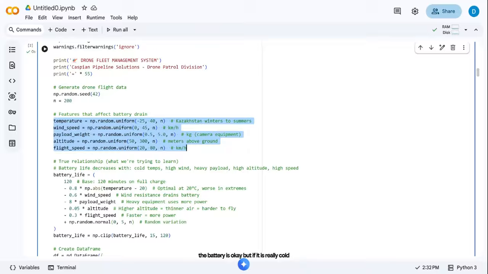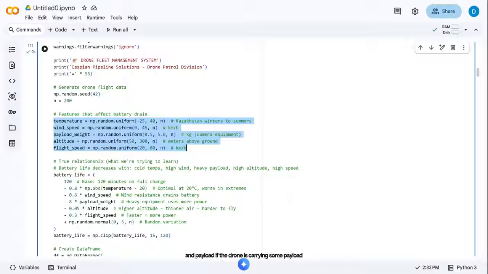The wind speed, whether a tailwind or headwind or angled wind: if it is windy, the drone will suffer, because the motor has to spin faster and the rotor has to compensate for the loss of flight. So wind speed definitely affects how long the drone can fly.